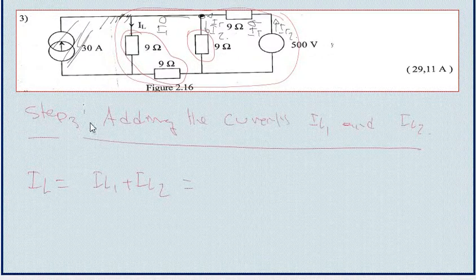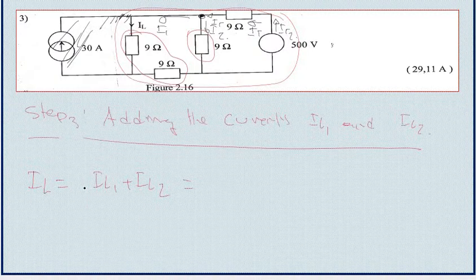Now in step 3 we are going to add the two currents. It means the line current that we determined in step 1 and the line current that we found in step 2.